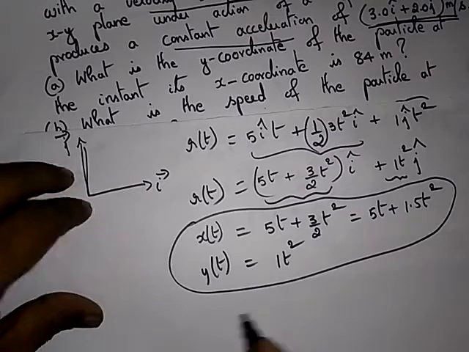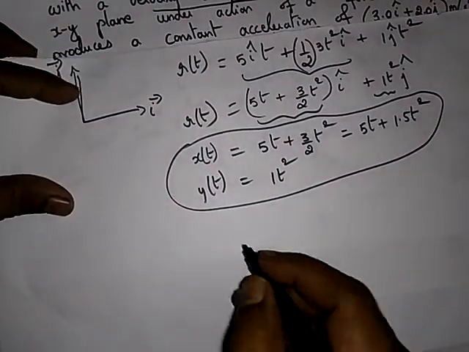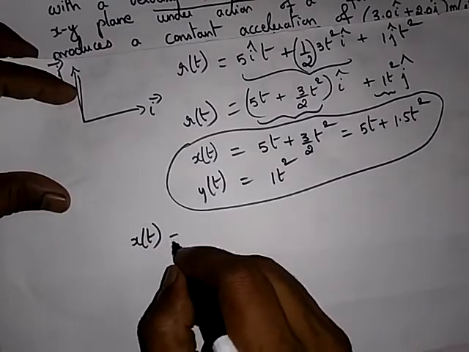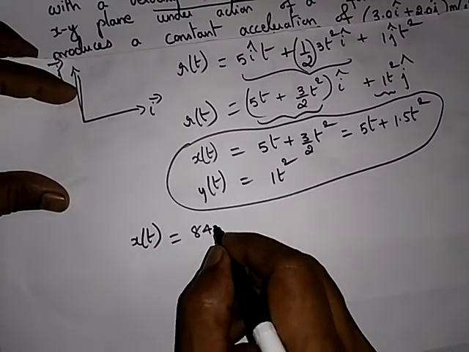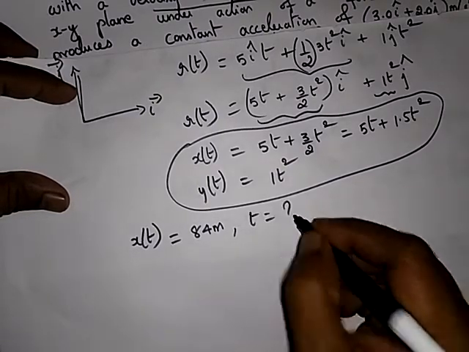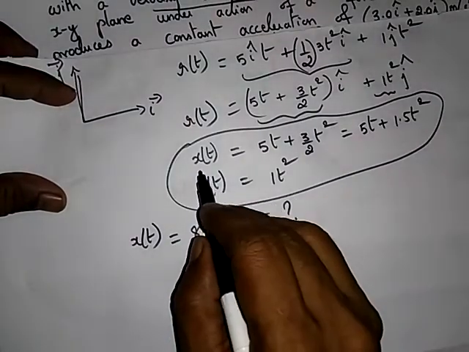Now the question is, x of t is equal to 84 meters. So what is t now? So we have x of t as 84.